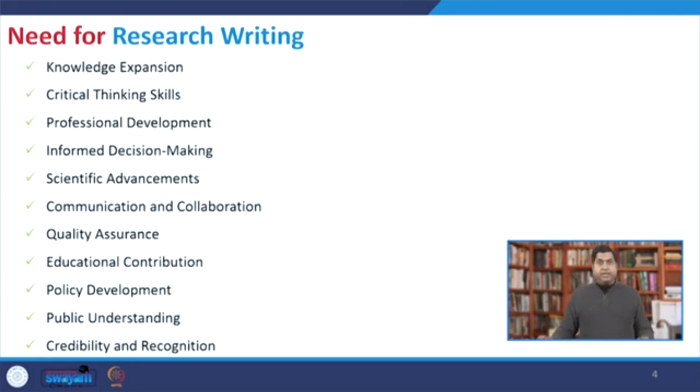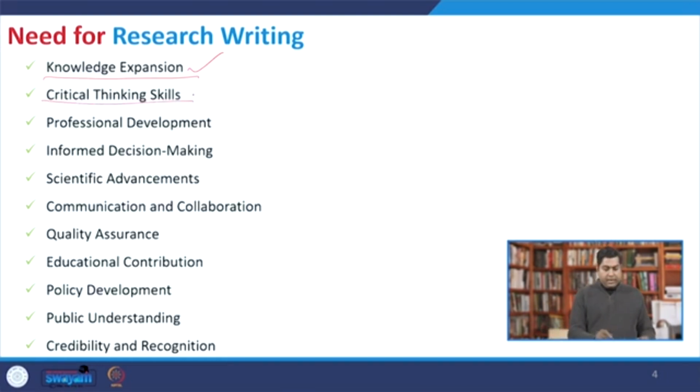Now why do we need to write our research? First, definitely the knowledge expansion. The moment you start writing, you will get clarity on whatever new findings I have obtained from my research, I will then expand my knowledge and share this knowledge with the research and scientific community.